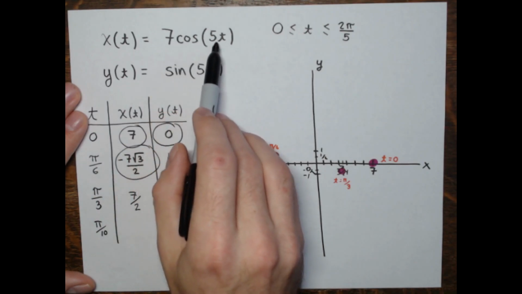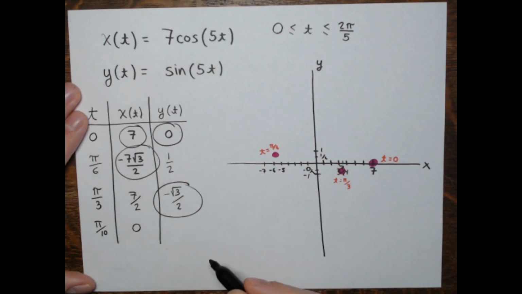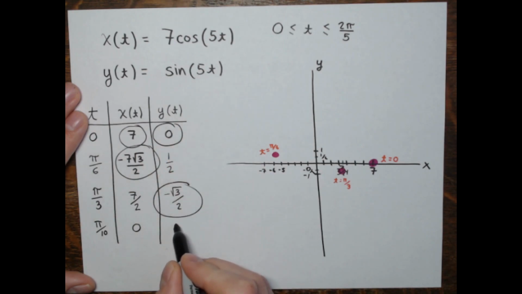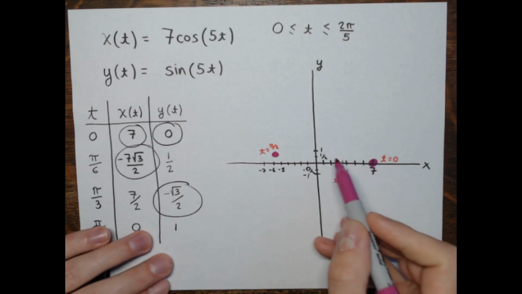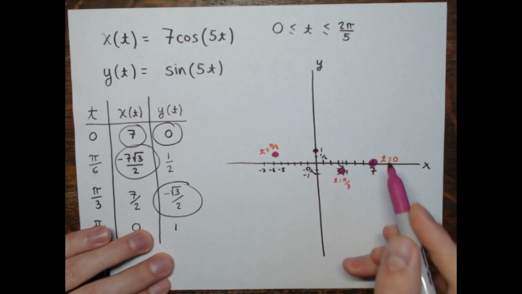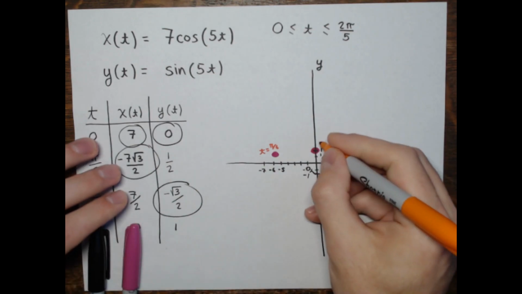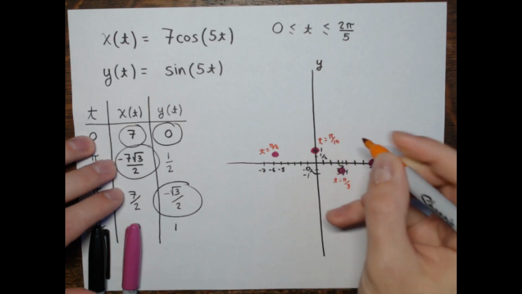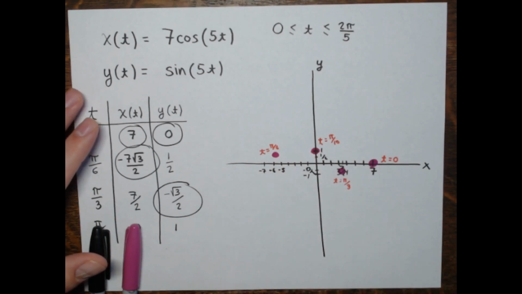Now, 7 times the cosine of 5 pi over 10, which is pi over 2, that'd be 0. And then the sine of pi over 2 is 1. So 0, 1. That's when t equals pi over 10, which is coming before pi over 6. So the curve is going to be doing this.